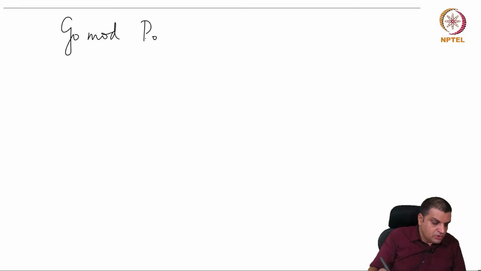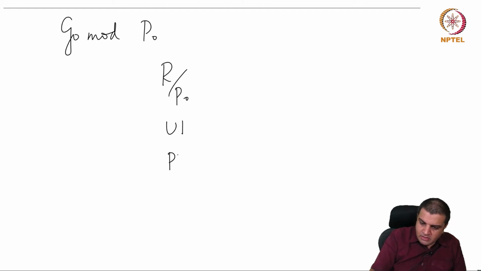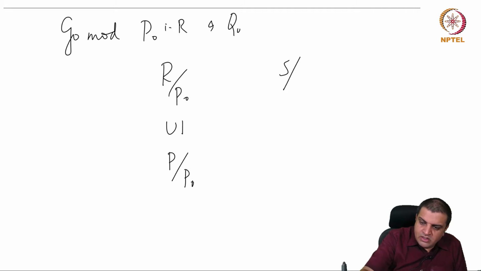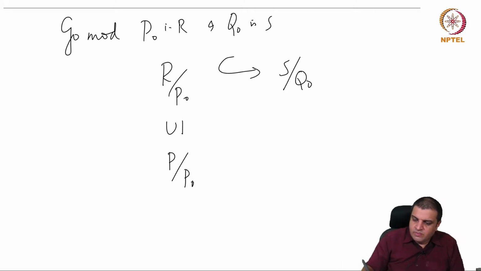Then we have R mod P0 inside, and inside it we get P1 mod P0, and then we have S mod Q0. So this is an integral extension, that's the point, and in this situation there must be something here.